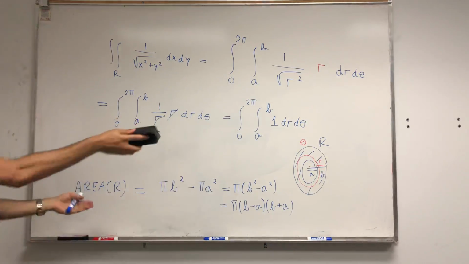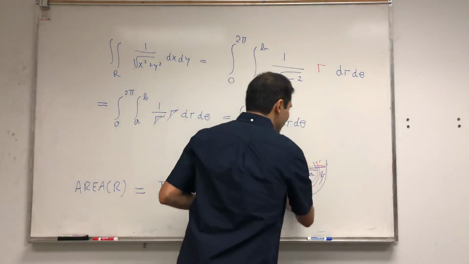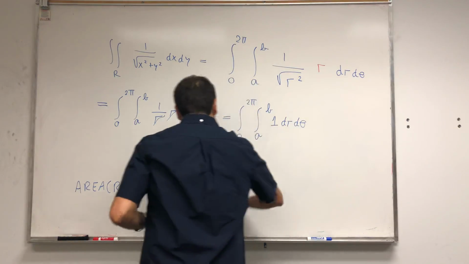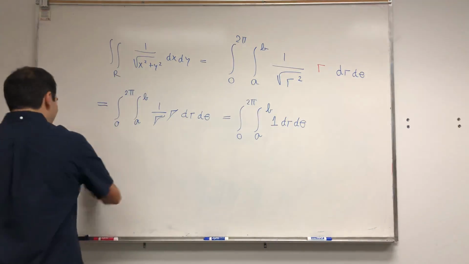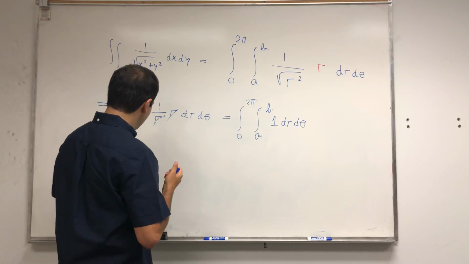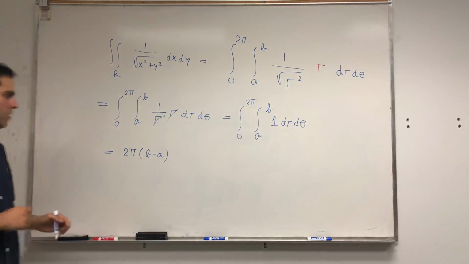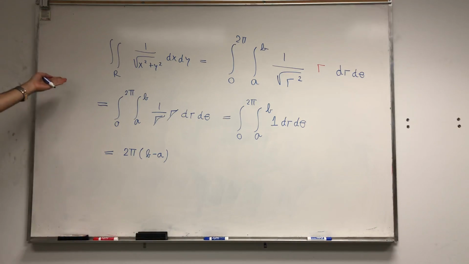But then the integral of 1 dr is b minus a, and if you integrate that with respect to theta, it becomes 2 pi minus 0. So in the end, the integral itself is 2 pi times b minus a.